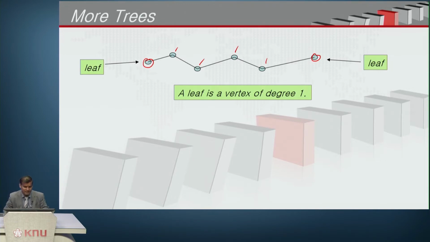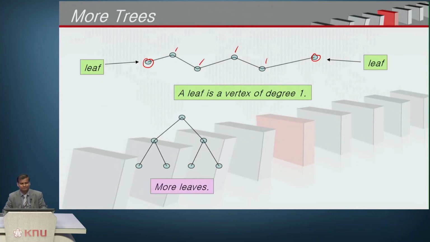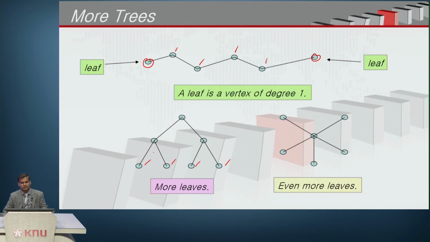So we call that a leaf. This is another example of leaves. You can see these are the leaves, and again there are a lot more leaves here. All these are leaves, the ones that appear at the bottom or the end.